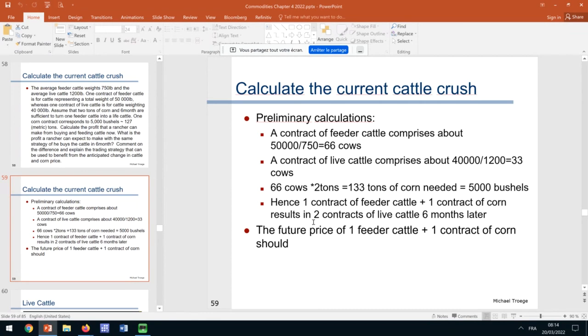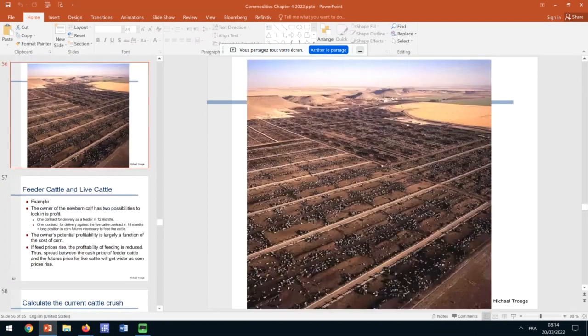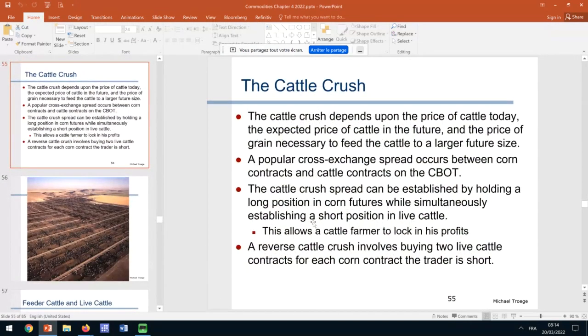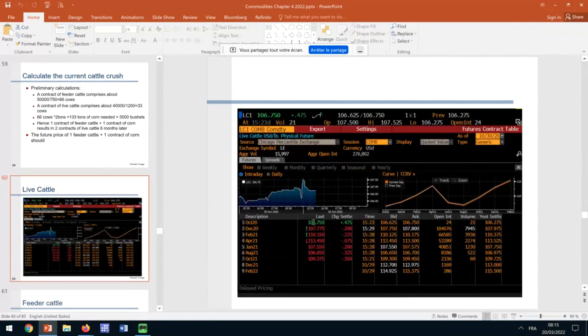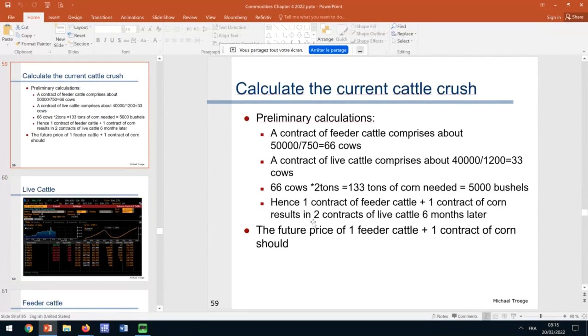So now we have the relationships between input and output. And now we can figure out whether this cattle spread is high or not, the cattle crush or cattle spread. We can calculate whether it is profitable or not to raise the cows.